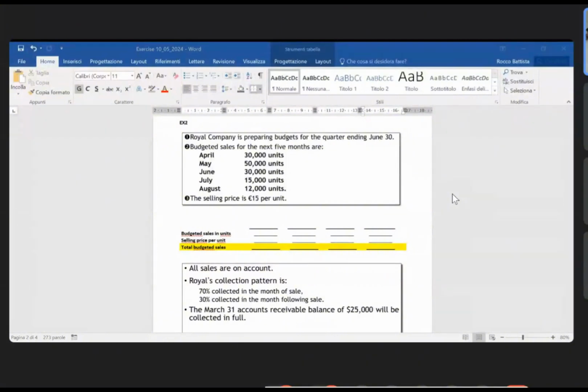You remember this exercise? What we have to do here? This is very easy. Focus on the description of the exercise. Royal Company is preparing a budget for the quarter ending June 30.